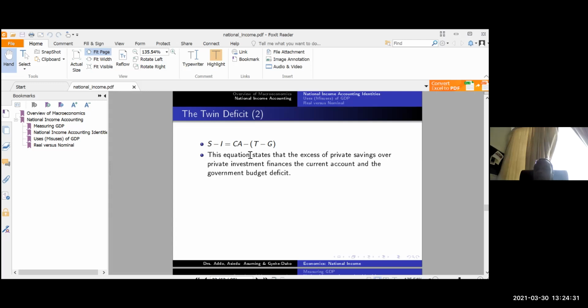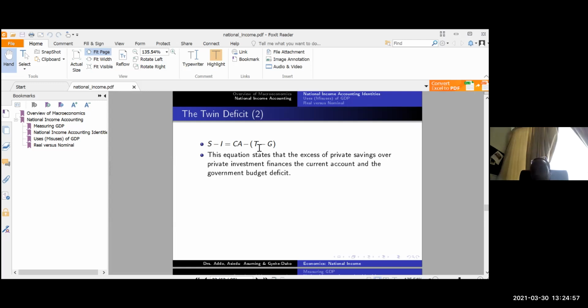So this equation states that the excess of private savings over private investments, the savings beyond my own investments, can go to finance any current account deficits, and can also go to finance any budget deficits. T minus G is your government budget deficit.